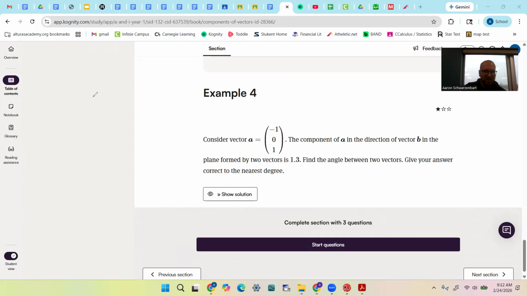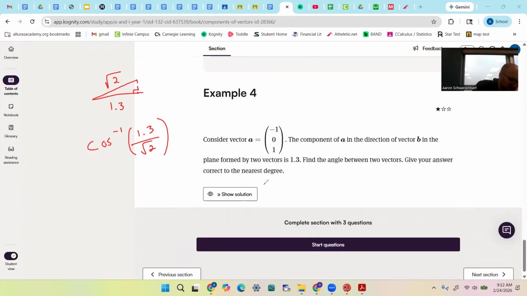So we know that this is 1.3. This is going to be square root of 2. Inverse cosine. And in radians, it's 0.404.